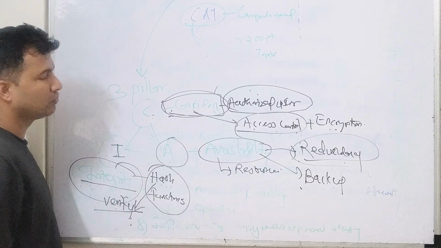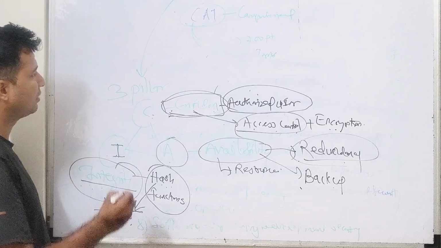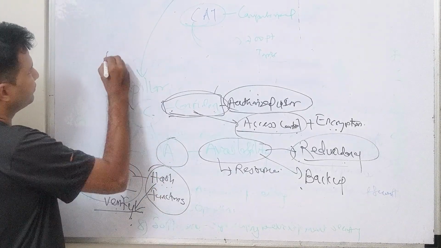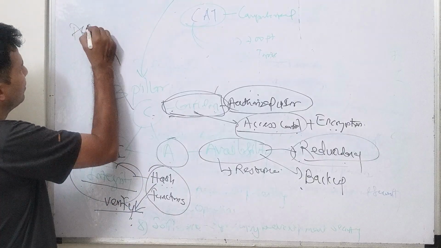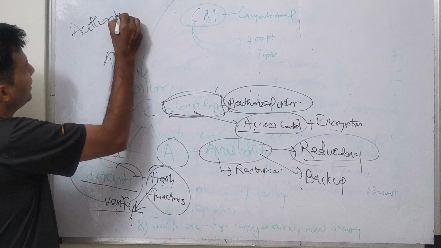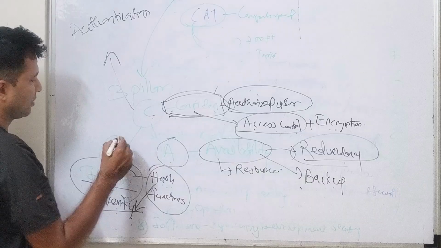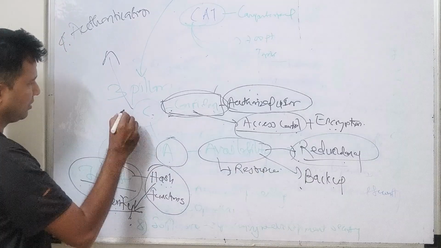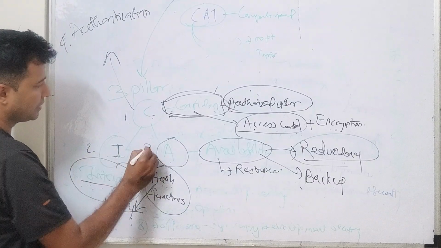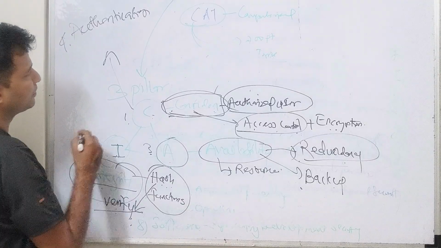There are another two pillars which have been added later on. Authentication is the fourth. If this is first, this is second, this is third, this is considered as fourth.